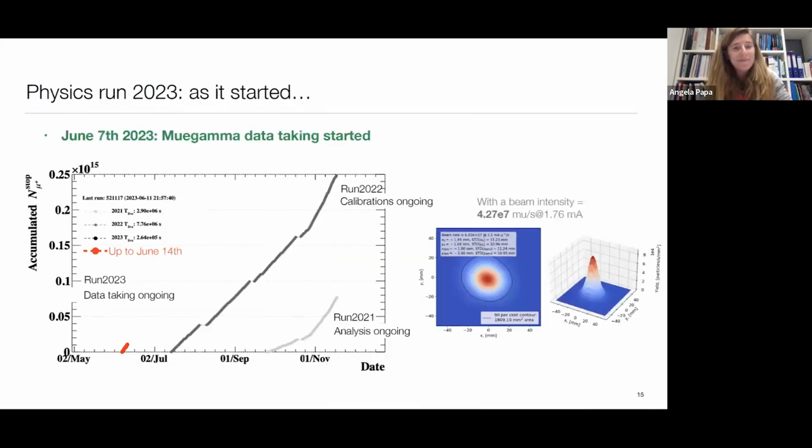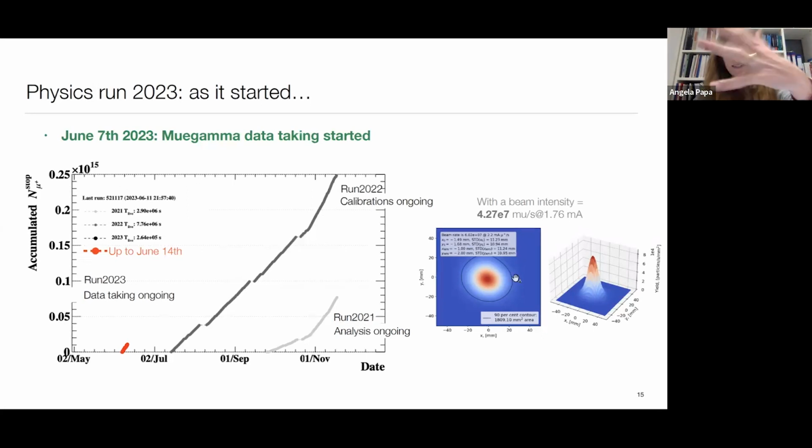This is a bit of the story of all the physics runs. We started in June, and this was the first week of data taking compared with the 2022 run. At the time, the calibration of the data from run 2022 was ongoing, and so was the analysis of the 2021 data.